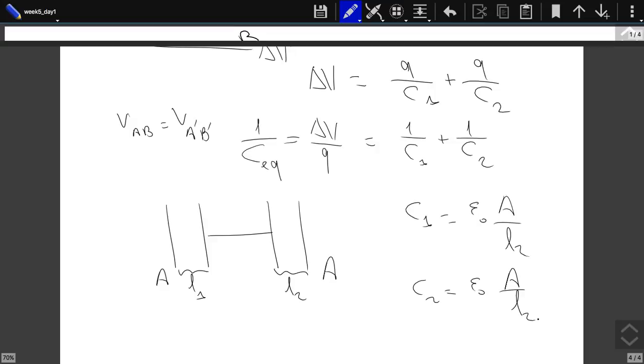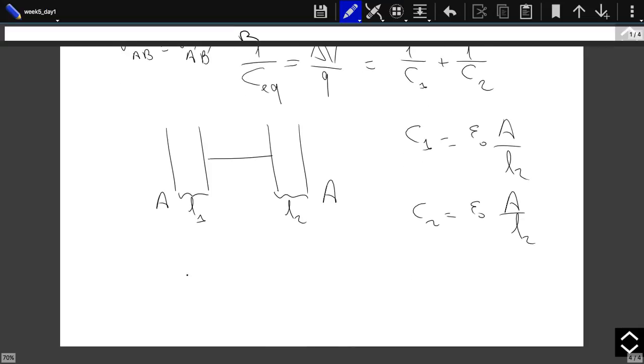Now, this difference over here has no effect. There is no electric field here. There is no potential difference between this point and that point. So the same thing I can just imagine as this system. This is L1. This is L2.